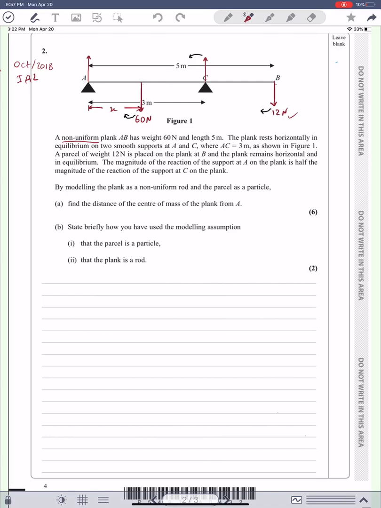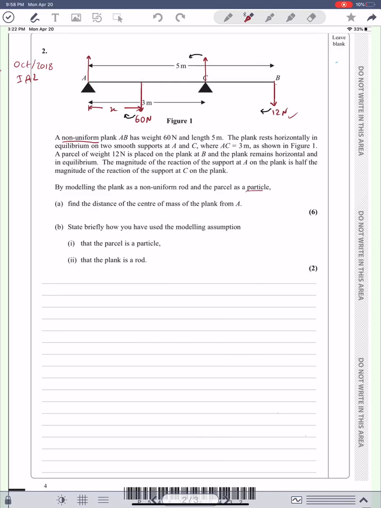The magnitude of the reaction of the support at A on the plank is half of the magnitude of the reaction at the support at C on the plank. By modeling the plank as a non-uniform rod, and the parcel as a particle, it has a mass and acts at a point.